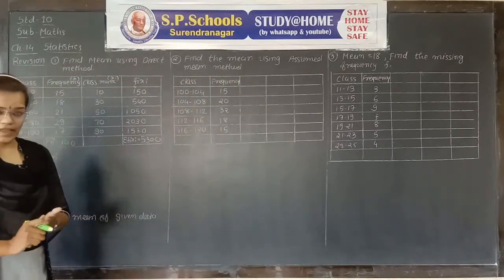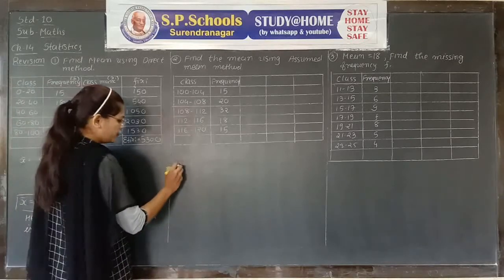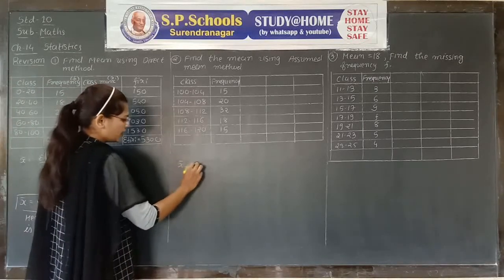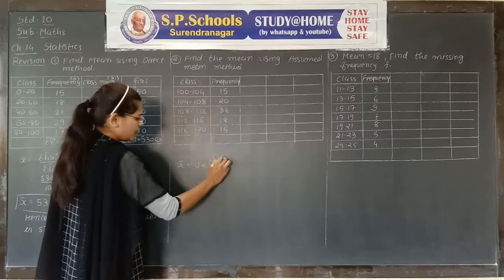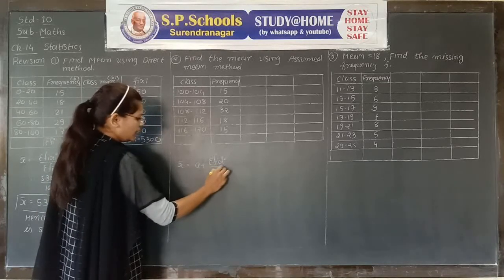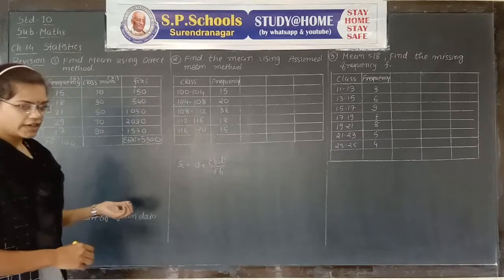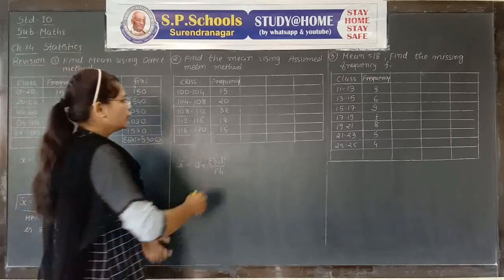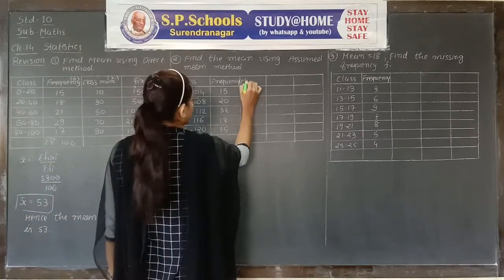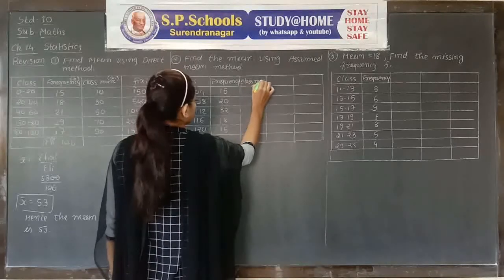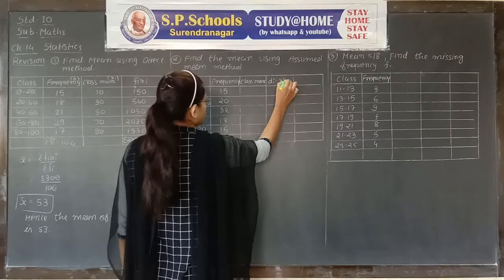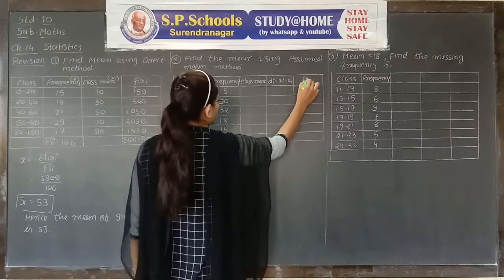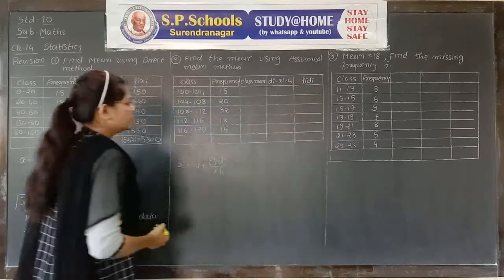Now we apply the assumed mean method. For that, first of all the formula: x bar is equal to a plus sigma fi di upon sigma fi. For that we require the assumed mean a. To find the assumed mean a, first find the class mark, then di is equal to xi minus a, and the last column is for fi di.